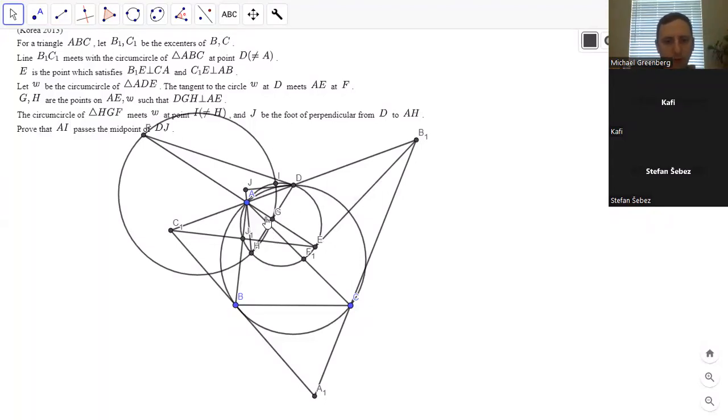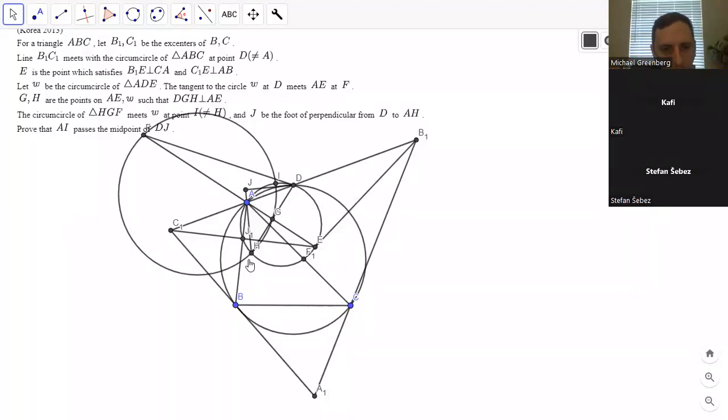So H is really just a reflection of D over AE, right? J is the altitude from D to AH.